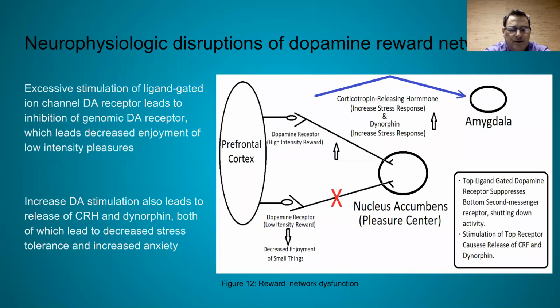There's also a dopamine receptor that mediates smaller intensity rewards, and that is based on what they call a second messenger system, where there's actually a turning on of nuclear machinery in the cell. So that takes much longer. And basically what happens when you have excess dopamine is it shuts down the low intensity reward.